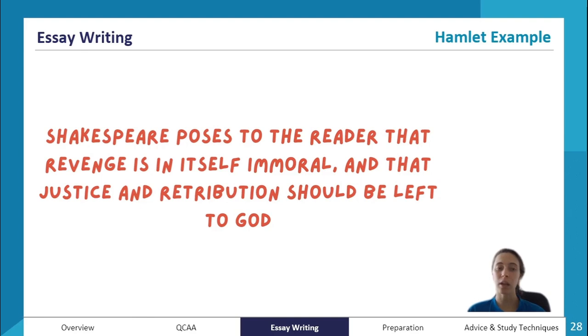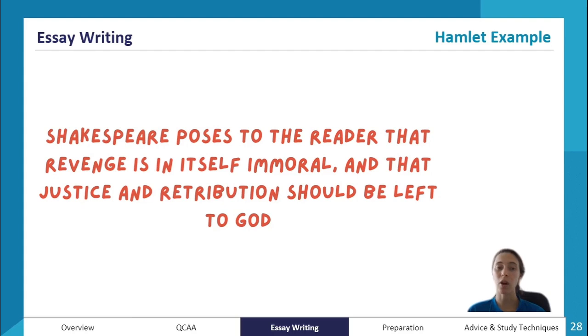So here we are changing it so it's about the author's intent and what he is wanting the reader to get from the text. Because remember, the question was about how the reader is invited to view the concept.